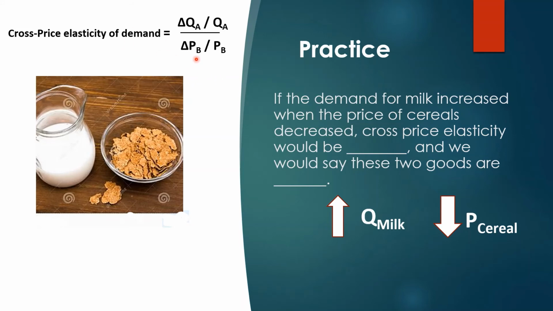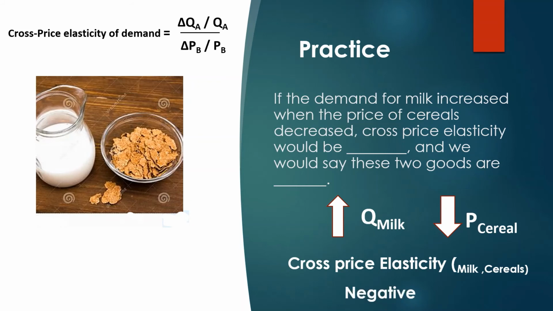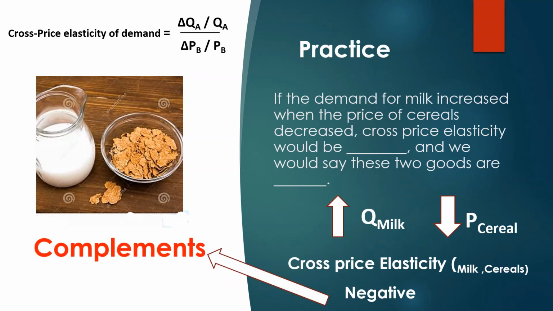Here again, if you look at the formula, quantity demanded for milk is increasing in response to a decrease in the price of cereal. So the cross price elasticity for milk and cereal is negative, which again identifies that milk and cereal are complements to each other. We demand them together.